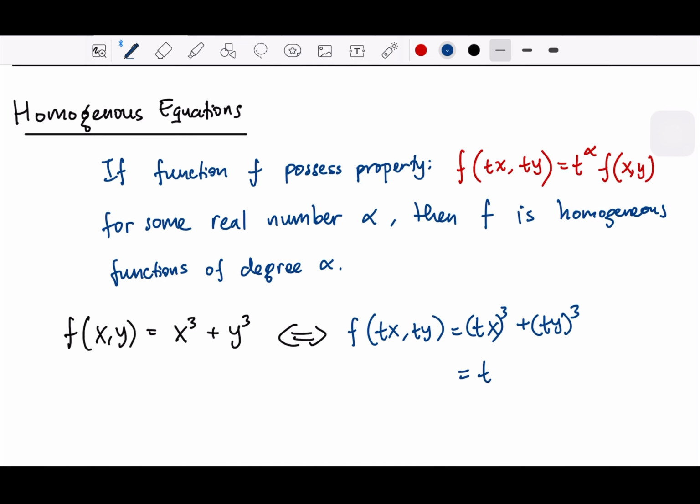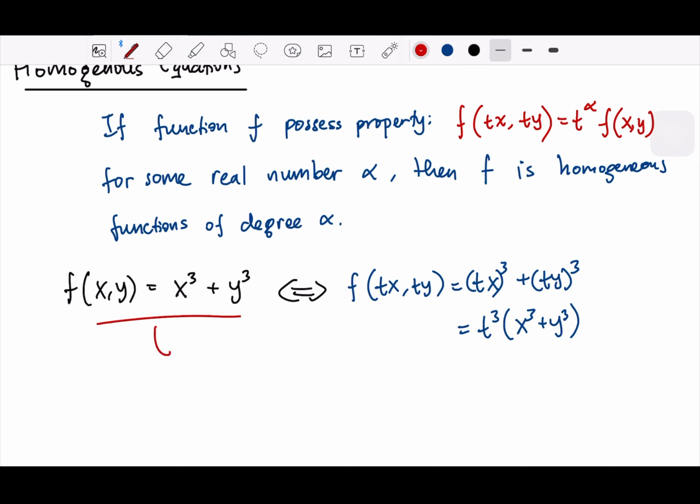We know this can be t cubed times x cubed plus y cubed. Since we have degree 3 for the equation, the function is a homogeneous function of degree 3.